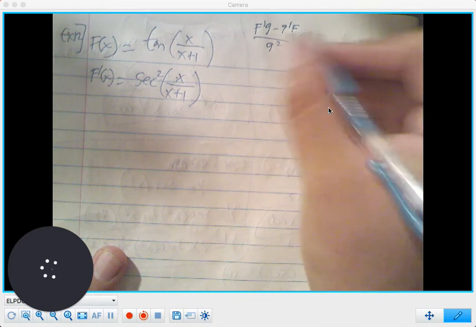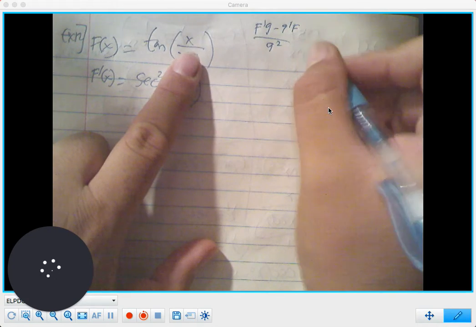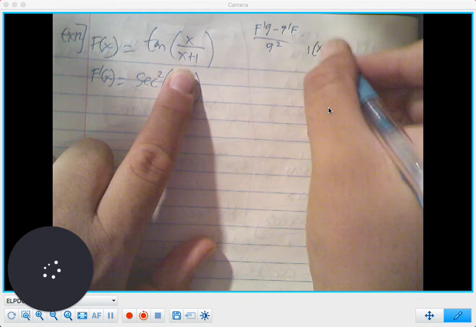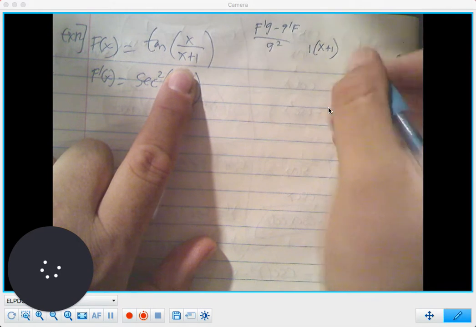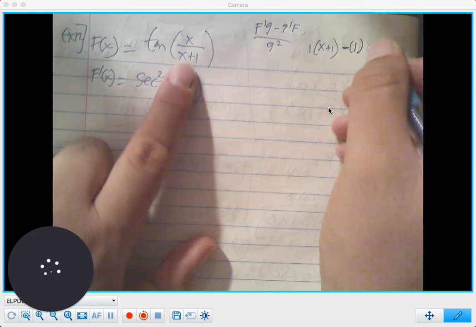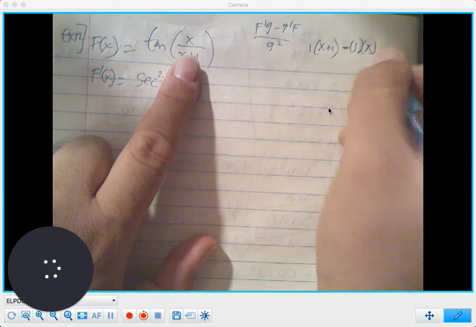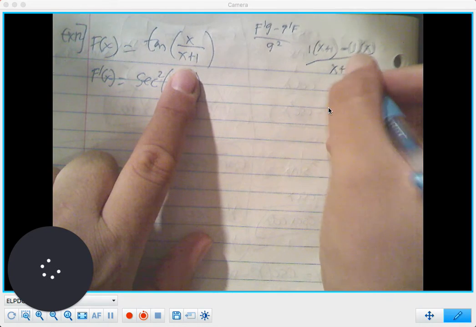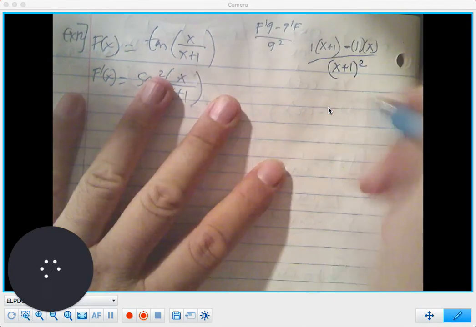Okay. The derivative of f would be 1. Let me just write it. Copy g, x plus 1. Can you guys see? Yeah. Minus the derivative of g is 1. And then copy g. And then x plus 1 quantity squared. Okay. Now simplify.